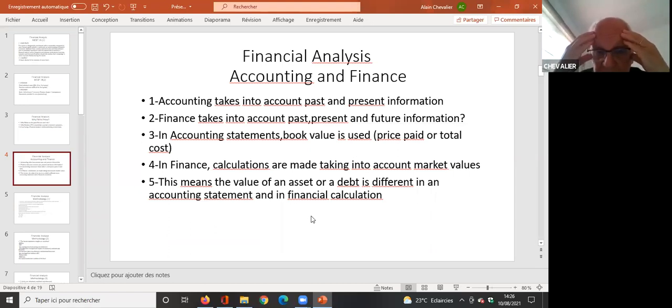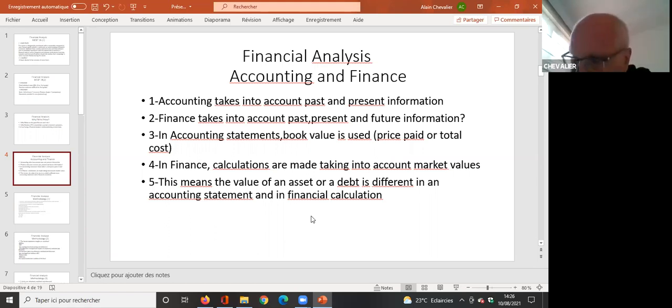They are not known with certainty. In some cases, we have probabilities for different calculations of the cash flows. So it means we have some kind of expected cash flows for calculation using statistic tools.